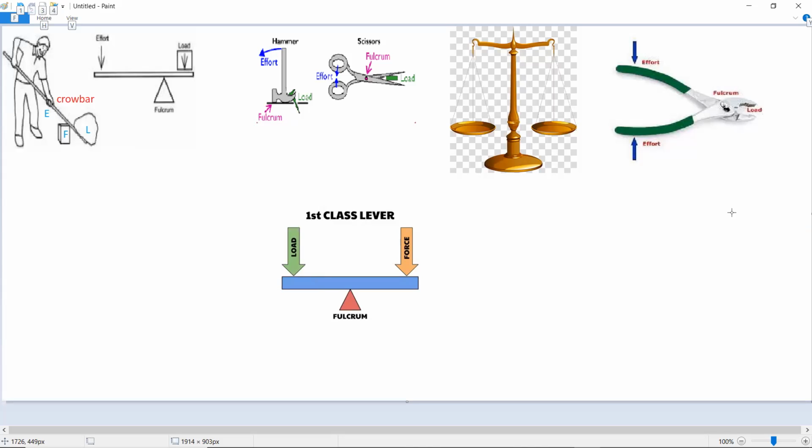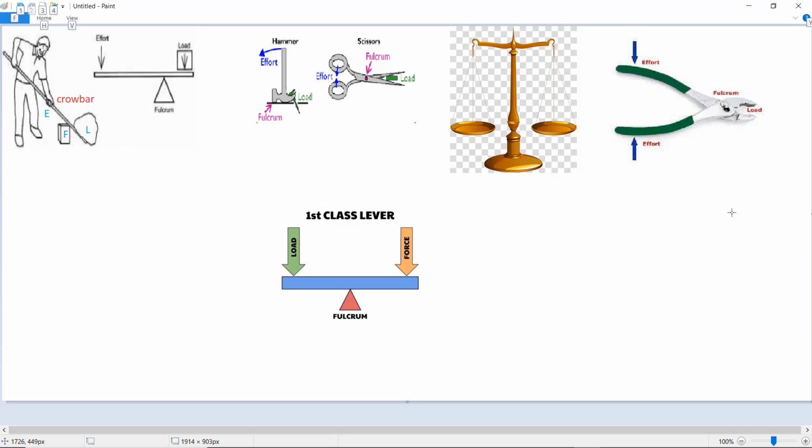Generally, the effort arm of levers of class 1 is longer than the load arm. Therefore, mechanical advantage of class 1 levers is greater than 1.